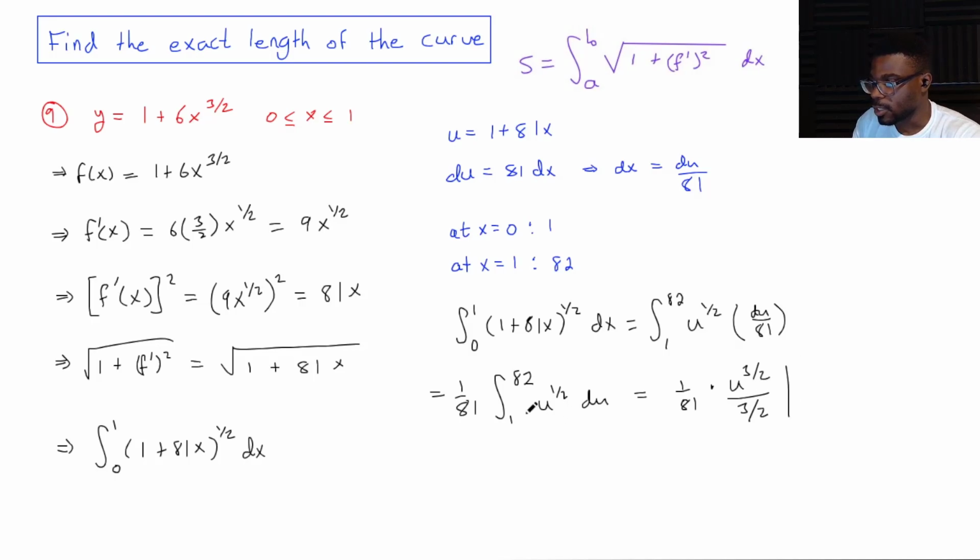Right, and we want to evaluate this from 1 to 82. Okay, so let's simplify this a little bit. So what we have here is 1 over 81 times 2/3 times u to the 3/2 from 1 to 82. And let's see, we can write this as 2 divided by 243.